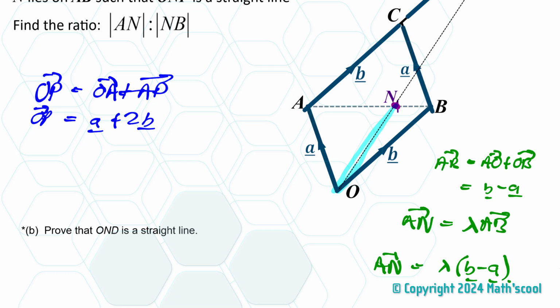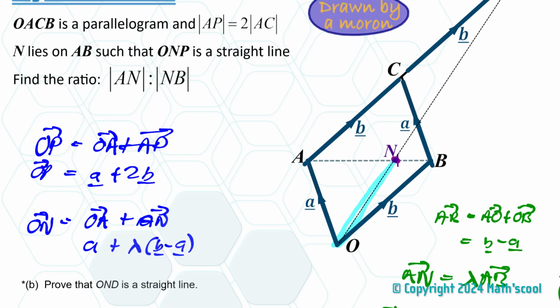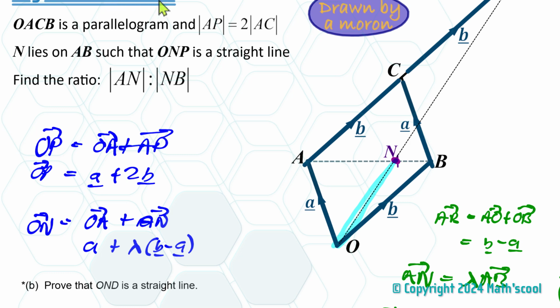Okay, and so now we can work out the vector from O to N. So O to N is O to A plus A to N, which is A plus, and then this was lambda B minus A. That's not supposed to be there, so I'm just going to hide that.